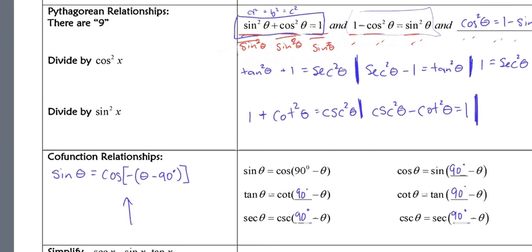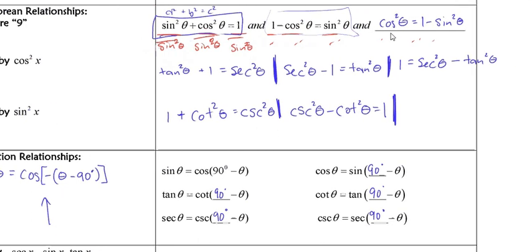And our last one, our 9th identity, dividing everything up here by sine. Cosine divided by sine would give us cotangent of theta squared. Equals 1 divided by sine would give us cosecant of theta squared, minus, and sine squared divided by sine squared would give us 1. So here's our 9 different identities.